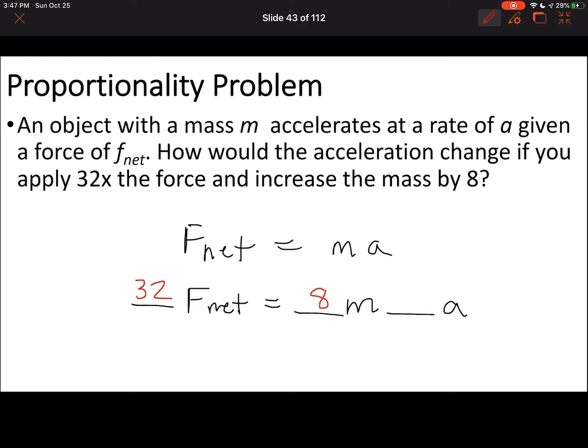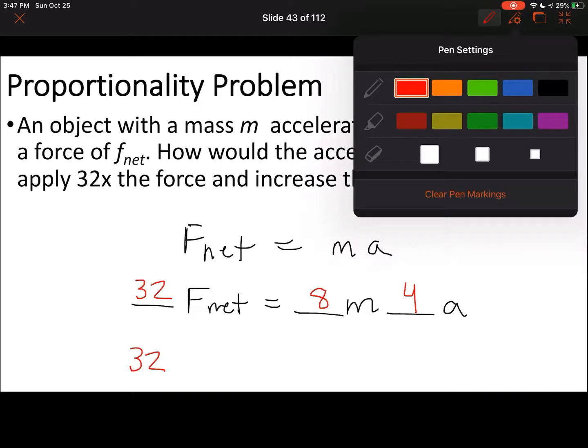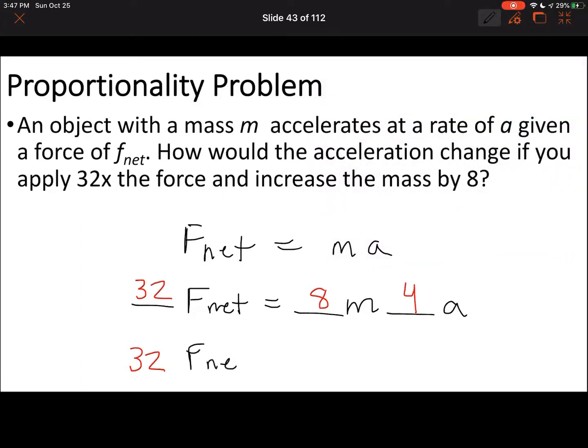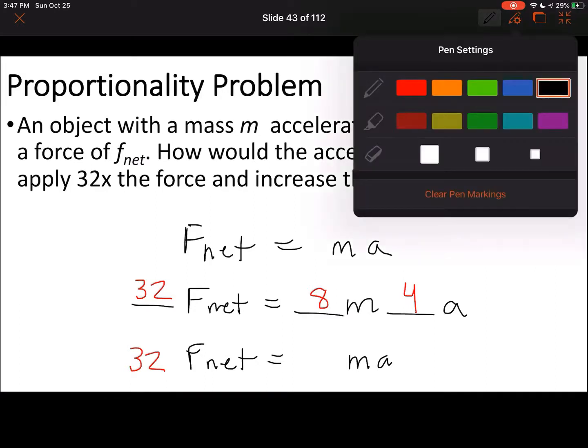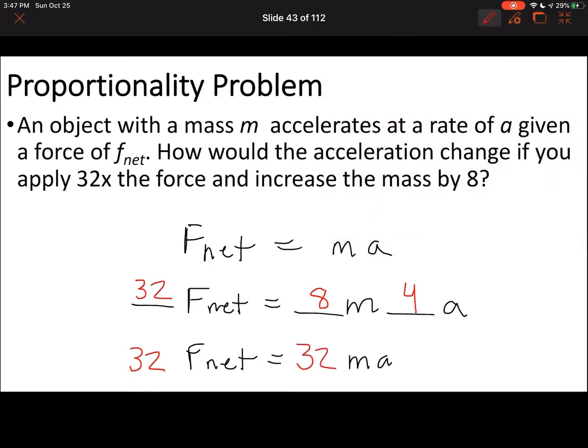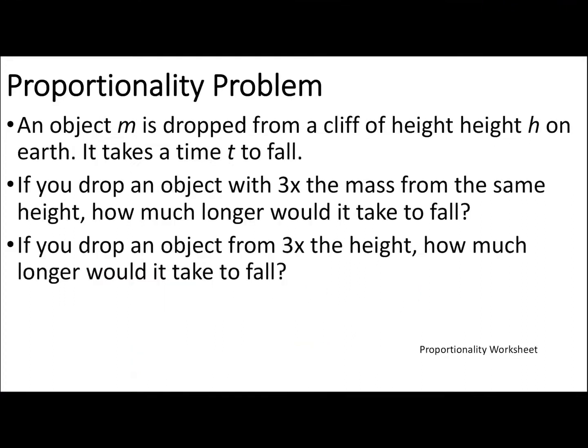So what value of a is going to make this whole statement proportional? Well, that's just going to be 32 divided by 8, which comes out to be 4. And this makes sense because then we'd have the 32 on both sides of our equation. 32 F net is going to be equal to 32 times mass times acceleration. And then we have things that are proportional.